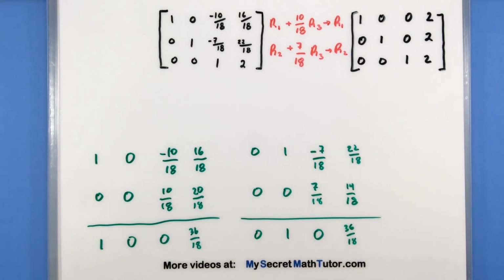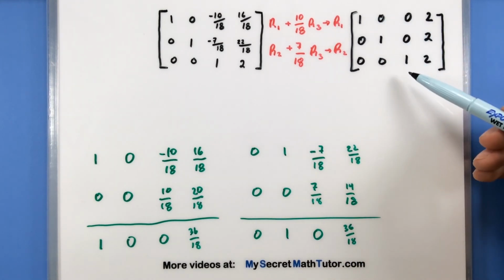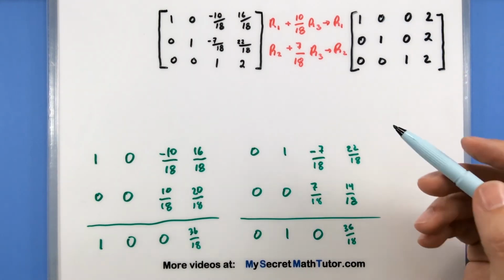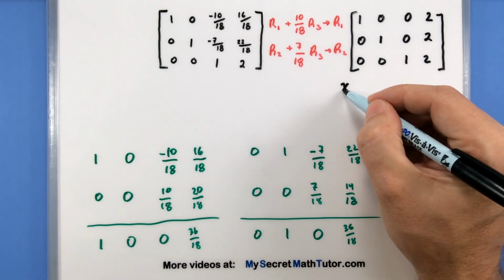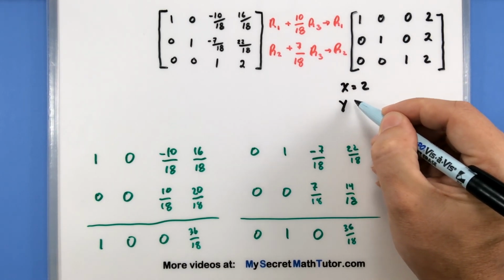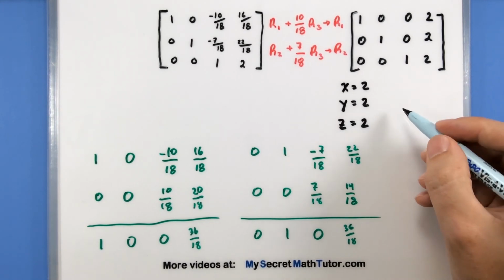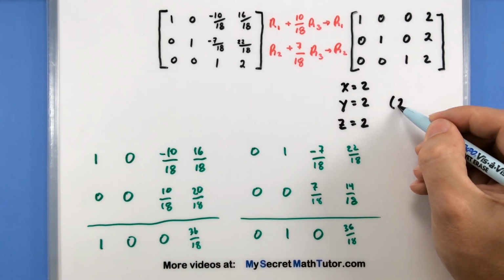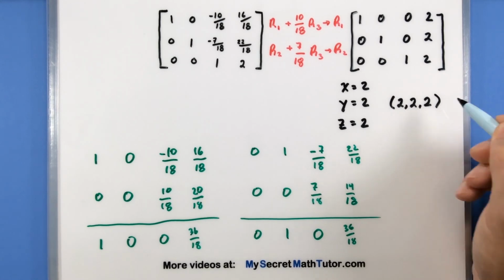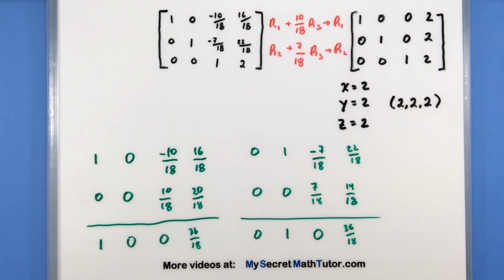So now we have our matrix in the diagonal form, 1s along the diagonal, and now we can just interpret our solution. So it looks like x is equal to 2, y is equal to 2, and finally z is equal to 2. So as an ordered pair, this is just 2, 2, 2, and we have our solution to a system of 3 equations and 3 unknowns.